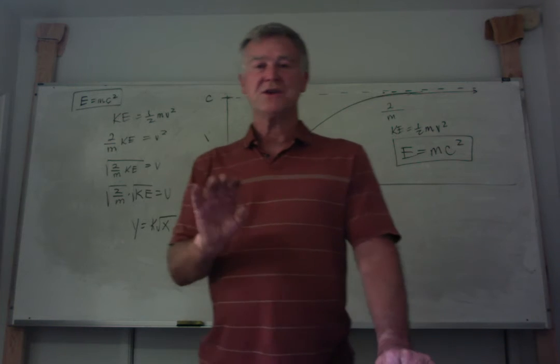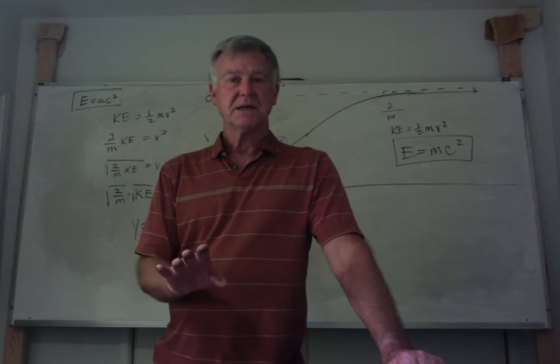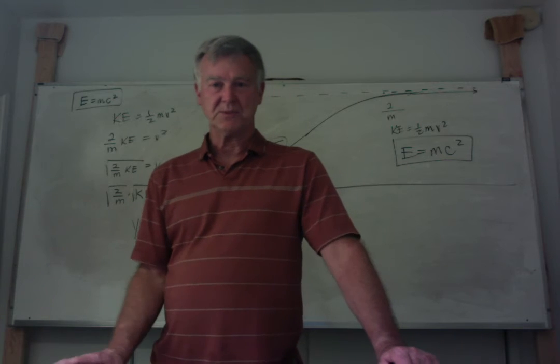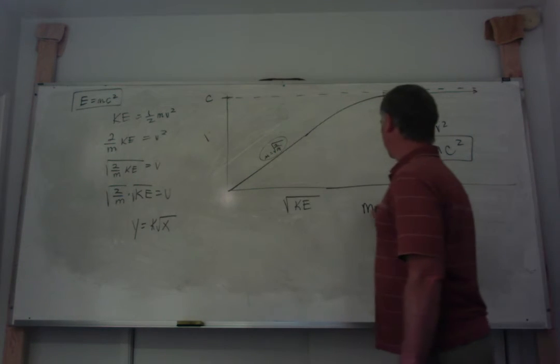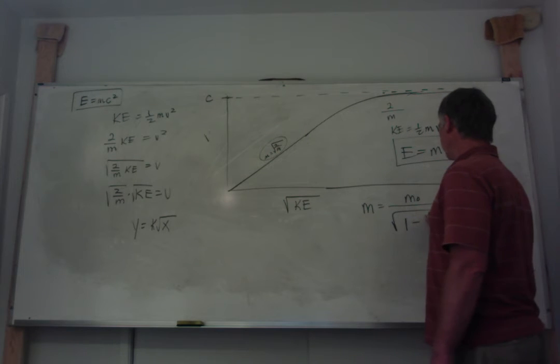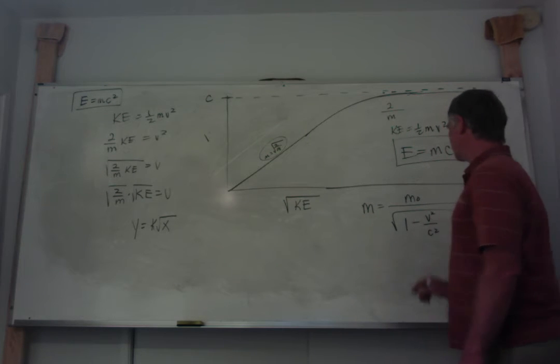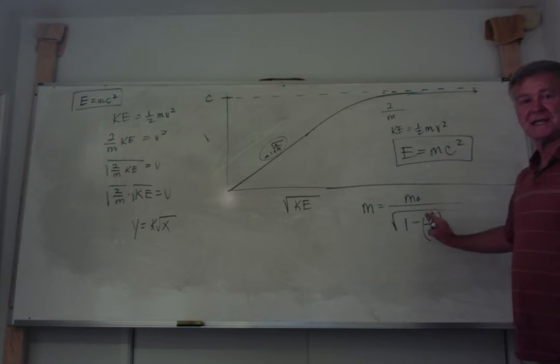By the way, this is not just true at high speeds. This is true at any speed. Remember this equation that we had from before, that m is m0 over the square root of 1 minus v squared over c squared. That equation is true no matter what the velocity is.